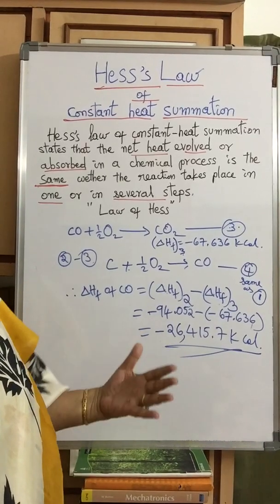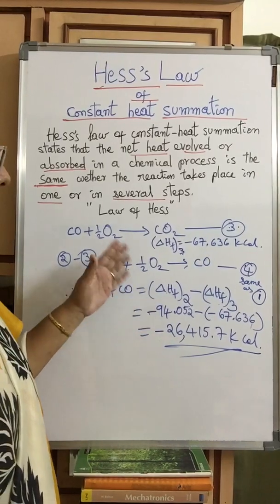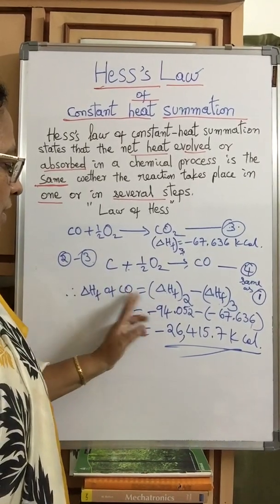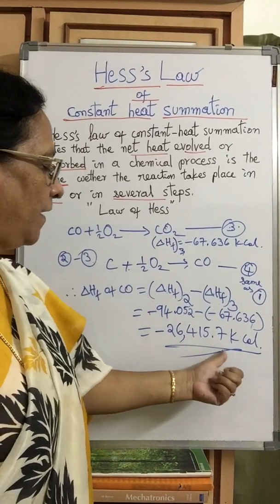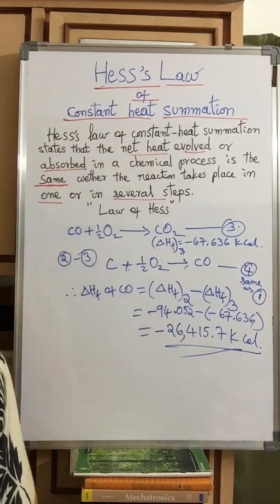Here two steps; in some other problems, more steps. But the net change in enthalpy is the same. Now we will read Hess law, and it will be clear to you.